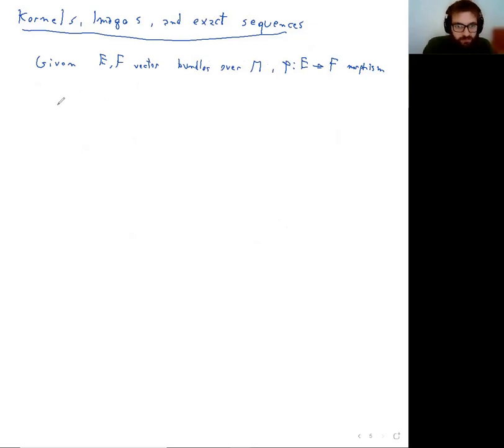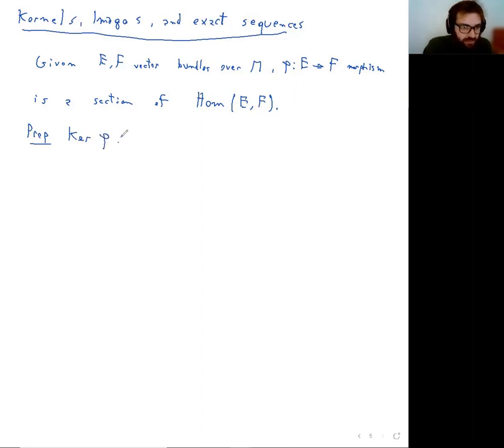This phi is a section of the vector bundle of homomorphisms from E to F, which we discussed. So over every point, what you have is a linear map between E_x and F_x.